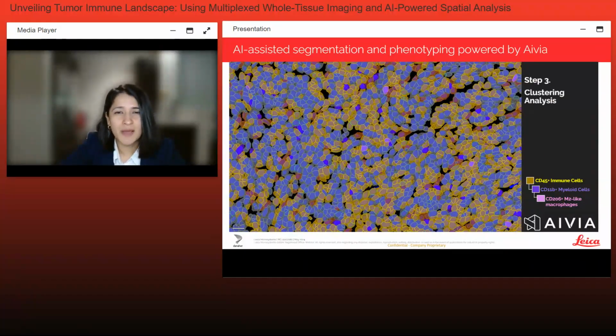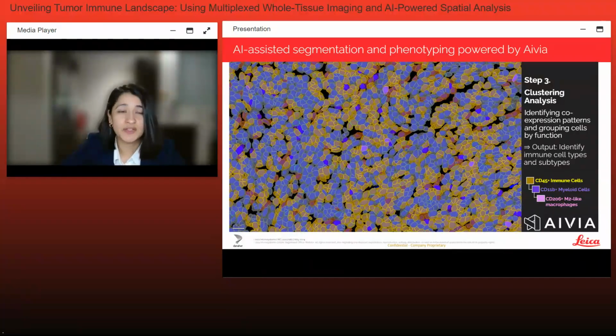This brings us to step 3, which is clustering analysis. Clustering analysis allows quantification of cell types that co-express certain markers, and it may help us group cells by their biological function, which is extremely critical to understand some key players within the tumor immune microenvironment.